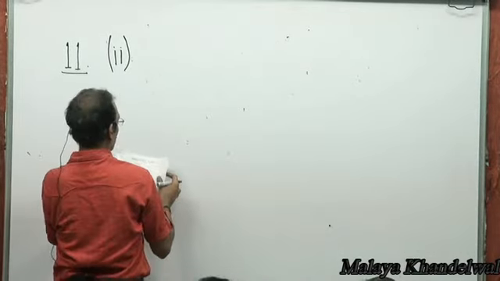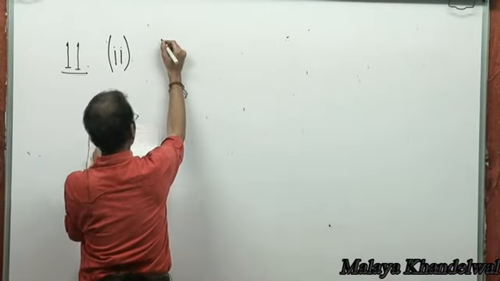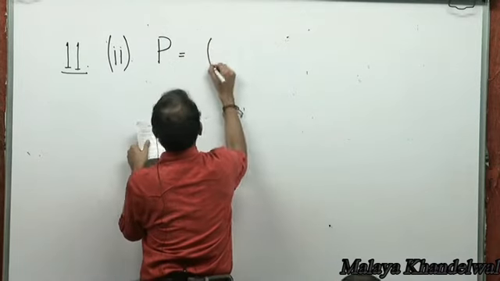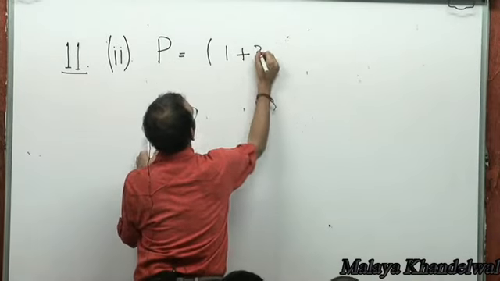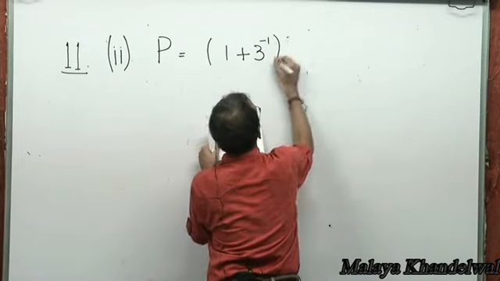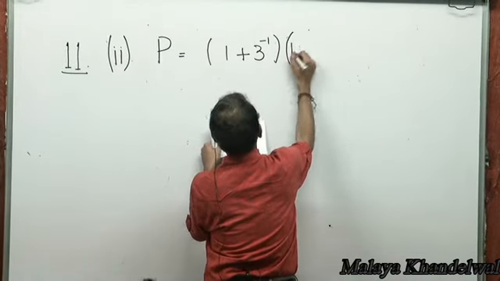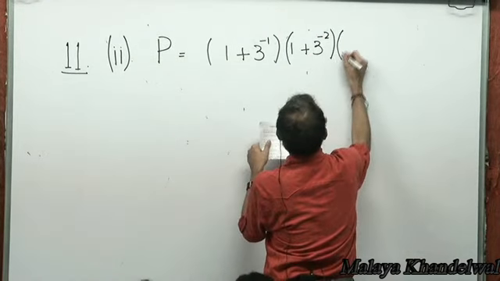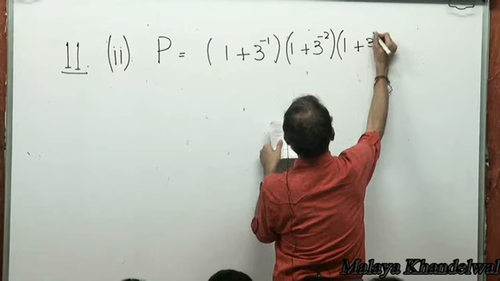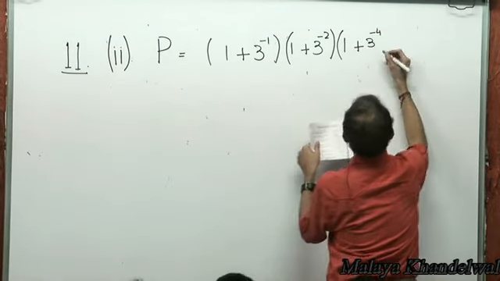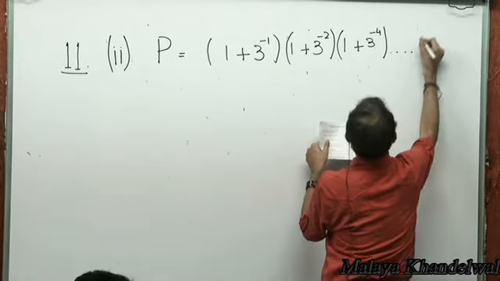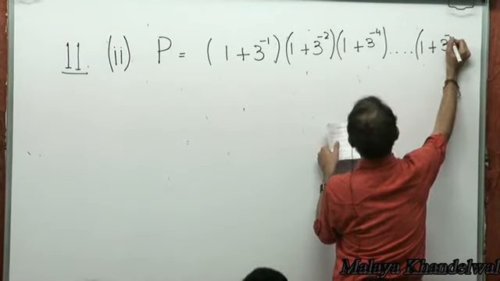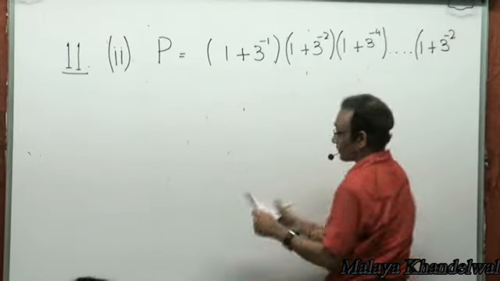So then, 11 part 2, we want to find the value of this product: 1 plus 3 to power minus 1 into 1 plus 3 to power minus 2 into 1 plus 3 to power minus 4, going this way, up to 1 plus 3 to power minus 2 to power n, right?